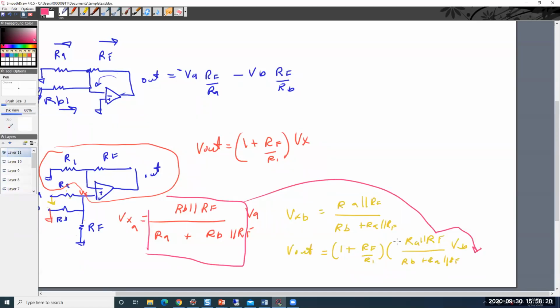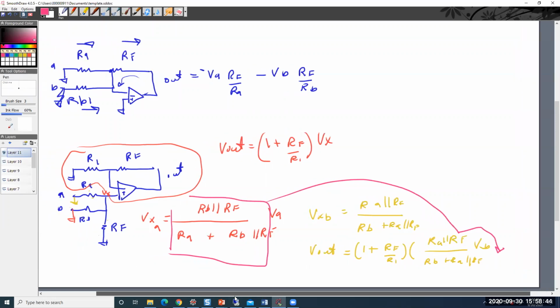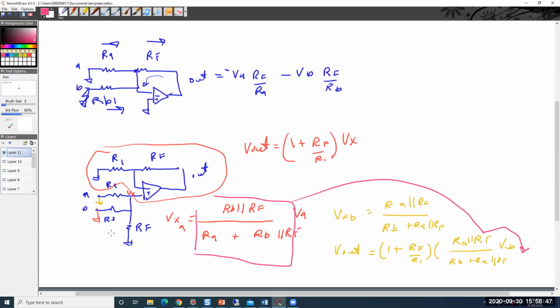So here's the thing. You might say that this is a bit complicated to deal with. And if I want VA to be multiplied by 10, added to VB multiplied by 20, these equations are kind of hard to use. But you can see that really it is possible to make a non-inverting summer. You just might think the algebra is a little involved.